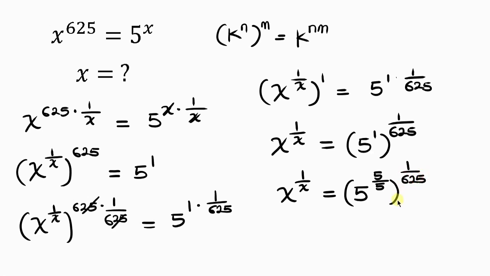Very good. Now, our next step will be for us to use this 5 from the denominator to multiply the denominator here. So we have x to the 1 all over x to be equal to, now what I have here will be 5 to the 5. Now remember that I'm using this denominator to multiply this denominator, so that I have 1 all over 5 times 625, which is 3125.